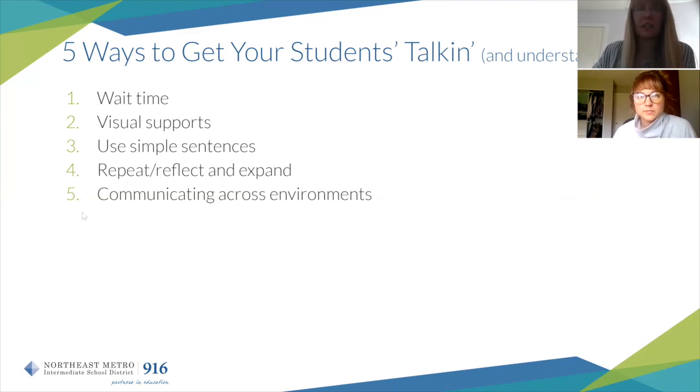The last strategy to keep in mind is that when you're communicating across environments, students' skills might look super different. If they're upset, it's going to be really hard for them to understand what you're telling them and also to communicate their wants and needs to you. So these are the 5 ways to get your students talking and understanding.